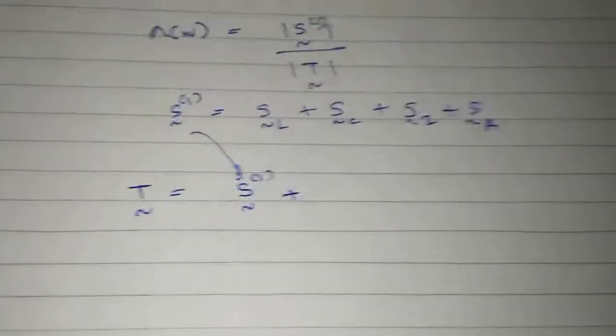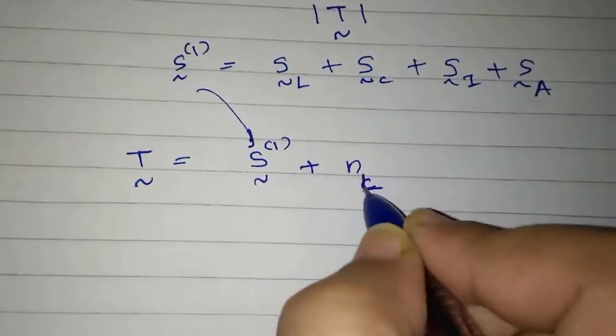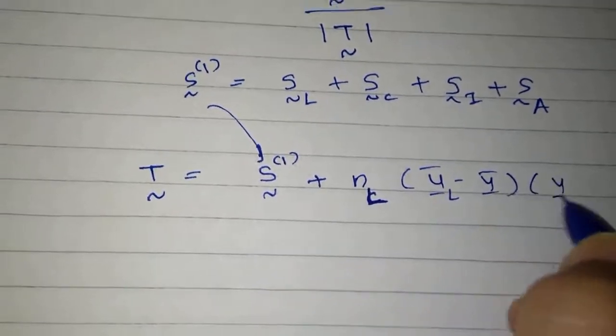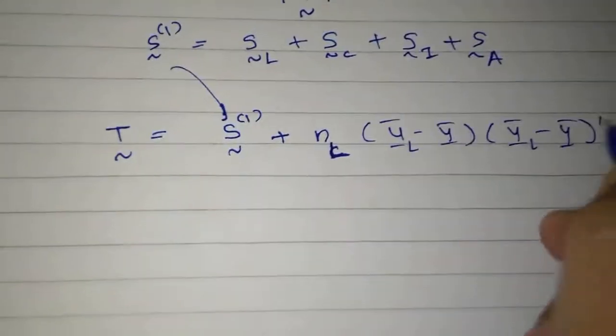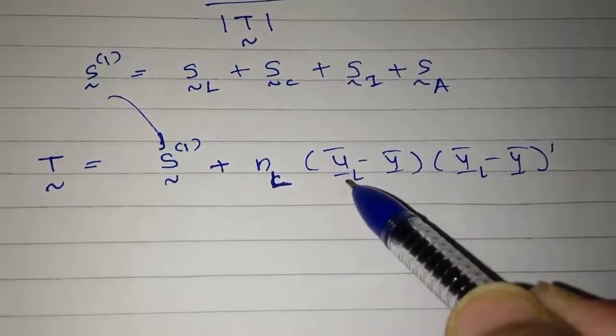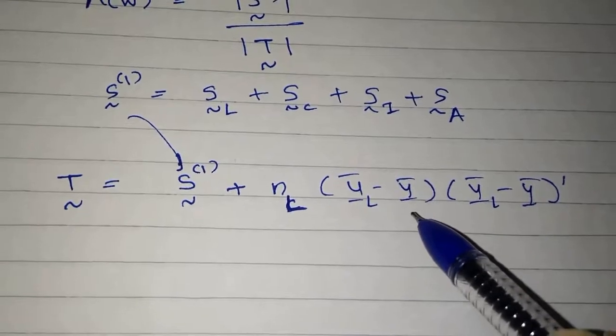If I do that here, I would have NL times YL bar minus Y bar into YL bar minus Y bar prime. YL bar is the mean for data from the first site, Y bar is the overall mean.